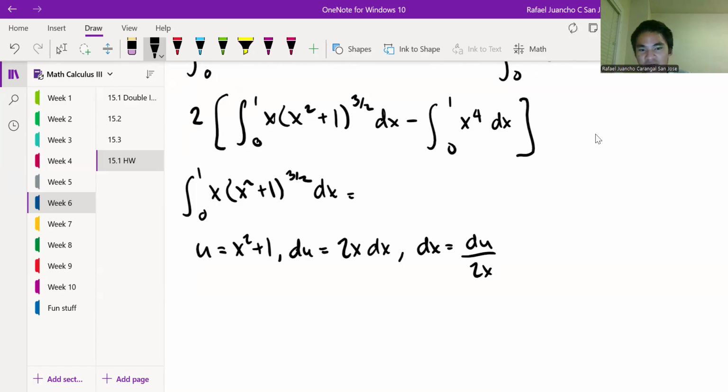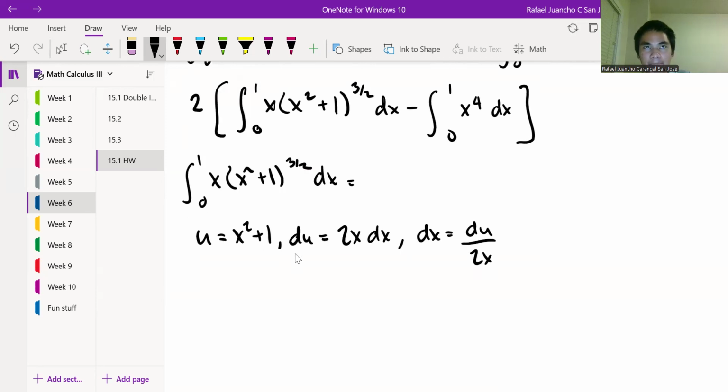Do I change my bounds? Yeah, I do change my bounds here. When x is 0, that means my u is 1. When x is 1, that means my u is 2. So I have 1 to 2.